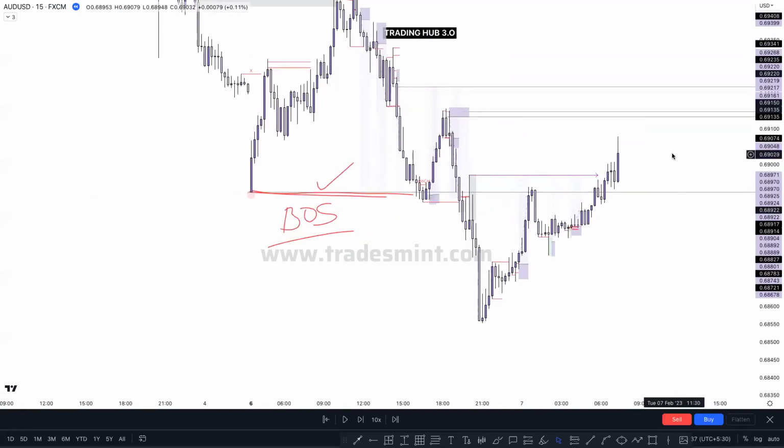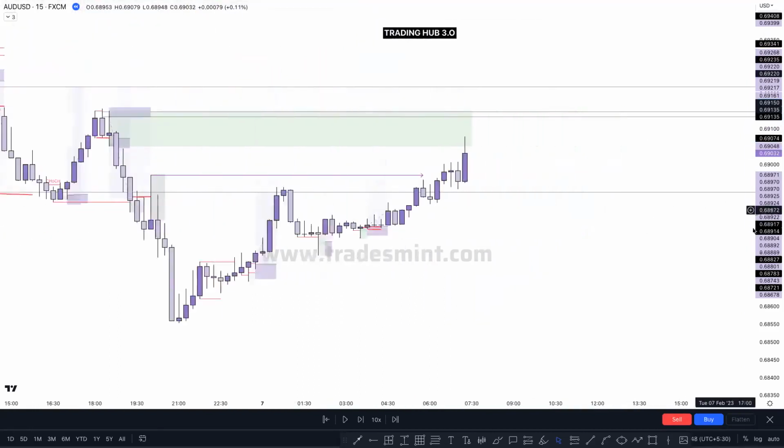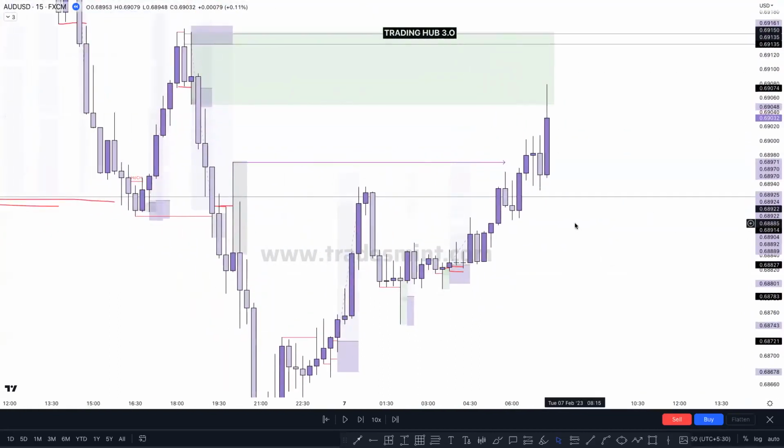And where is our next possible entry for sell? So this is a PY, as you know, because this is our order block here, right? So if you wish to sell here, buy here and sell here again, the same situation: previous low taken out, this acts like a PY, you can buy here.